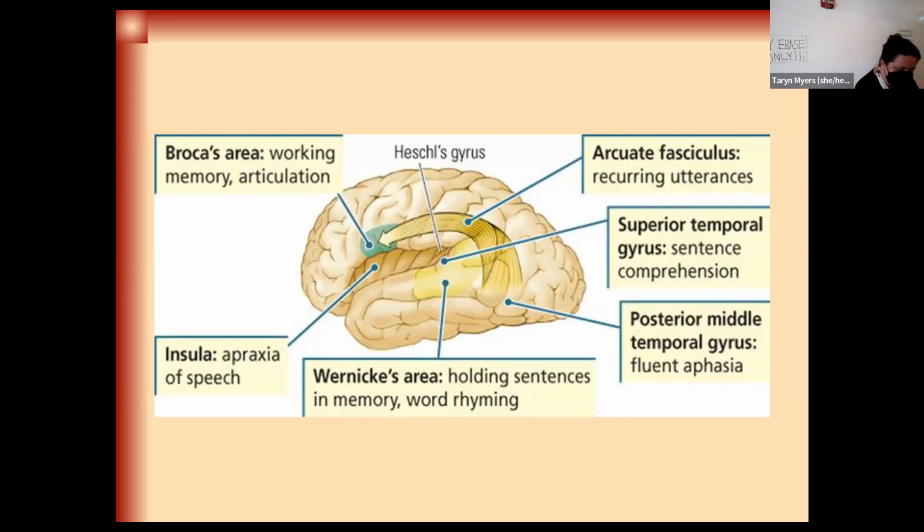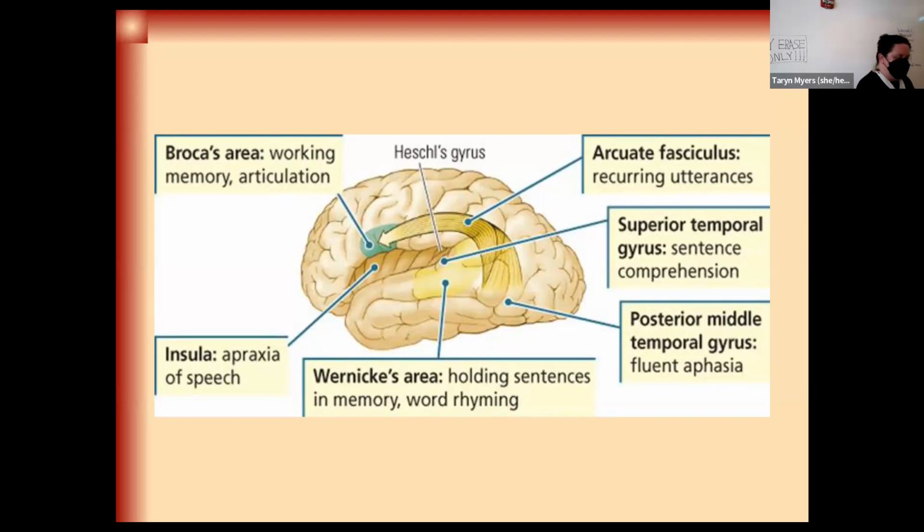There's also something called transcortical motor aphasia. Again, we love to confuse ourselves. We have something called transcortical, but we also have something called transcortical motor. People with transcortical motor aphasia have good repetition, but poor spontaneous production of speech.